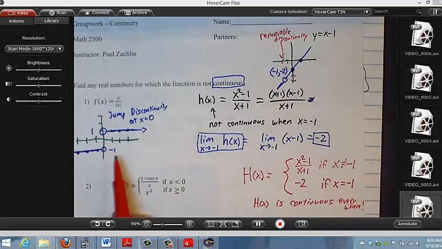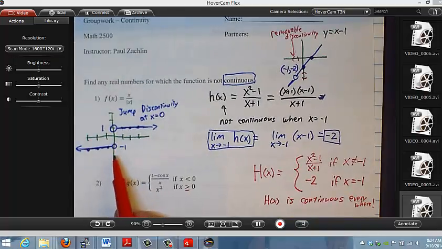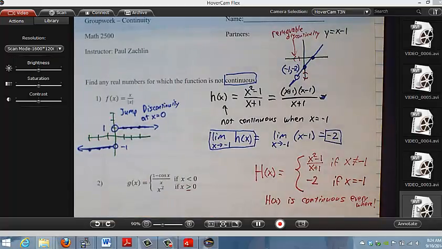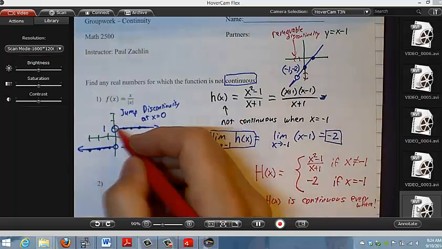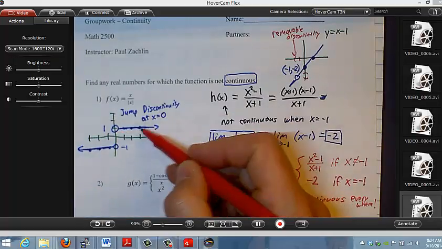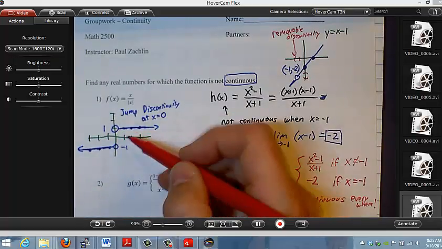The reason that this limit doesn't exist, well, what we used to say is, look, the left side and the right side aren't coming together. But if you think about it from an epsilon point of view, let's make epsilon equal to 1. Okay? Suppose somebody says, hey, I can remove this discontinuity. I'll color in this hole. That's going to be my limit. Maybe as I'm coming in, I think the limit is 1.